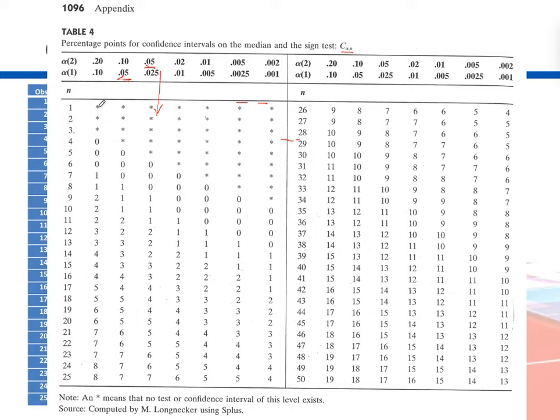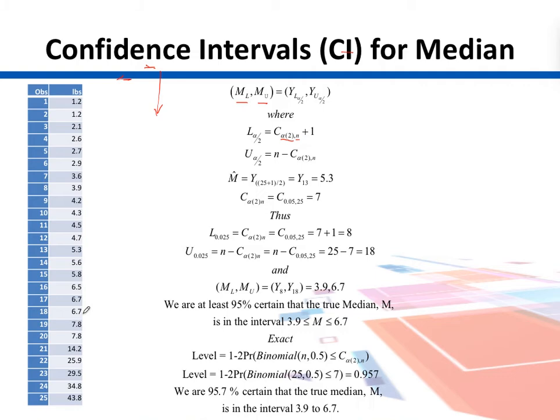Our sample size is 25, so that's the number 7. Now we go back, and we see that number is 7, and we add 1 to it as per this formula. So 7 plus 1, that's the eighth number in this list, on this position, so that's 3.9.